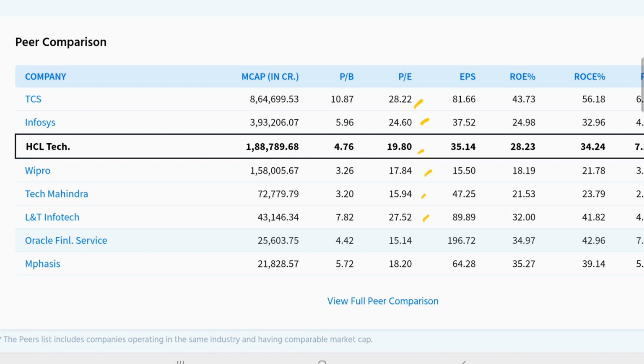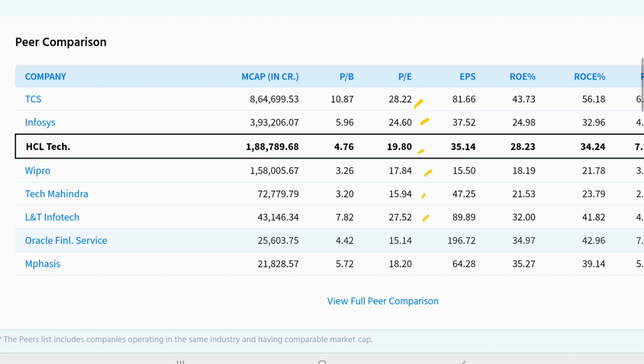The same way, if you are seeing TCS and Infosys, they are having 28 and 24. So either it is overvalued, or the companies TCS and Infosys are performing extremely well. Either might be the case. So we have to check what exactly is happening for lower P by E or higher P by E.